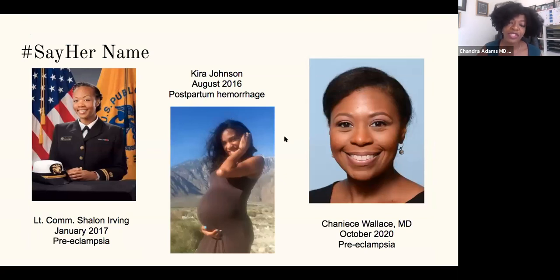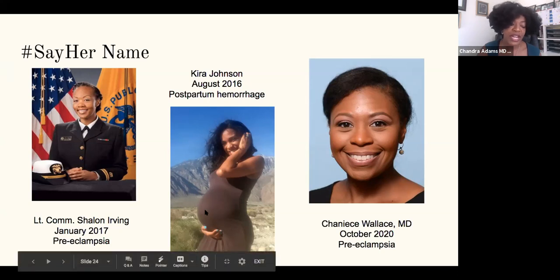Black women with a college degree are still 5 times as likely to suffer a catastrophic event in pregnancy than their white counterparts. And I have pictures here of 3 beautiful, educated, intelligent women who we've lost to complications of childbirth just recently. Lieutenant Commander Irving was a Johns Hopkins graduate. She had 2 master's degrees and a doctorate. Kira Johnson was an entrepreneur who spoke 5 languages.